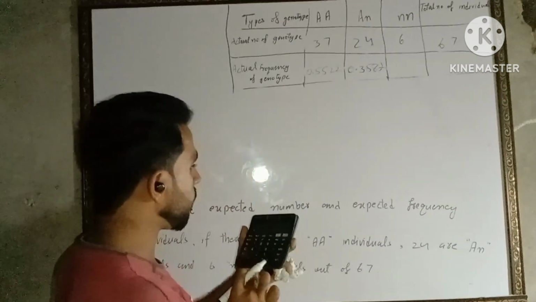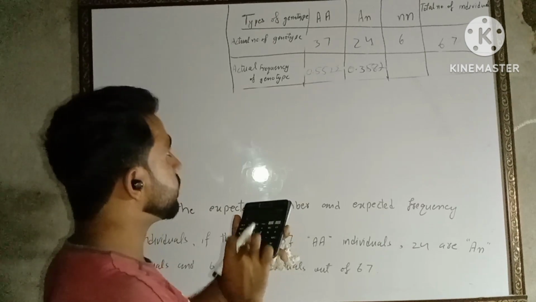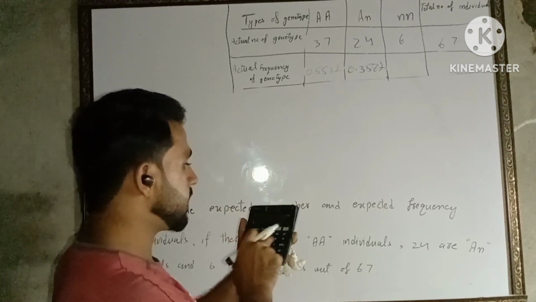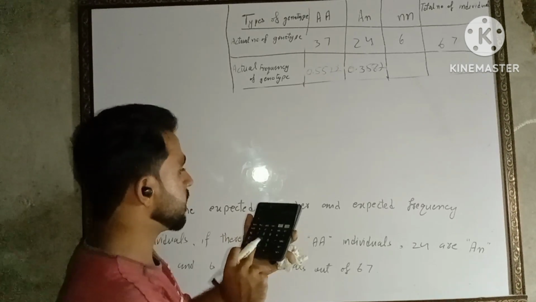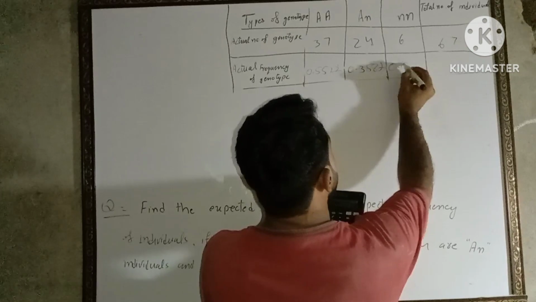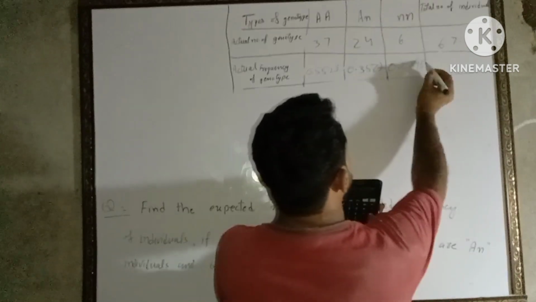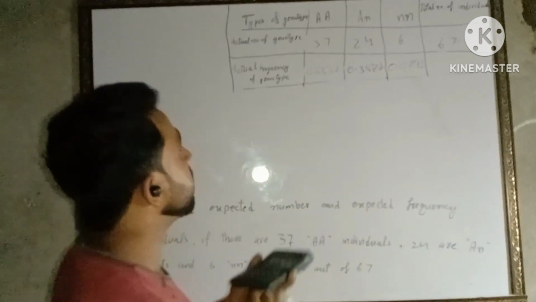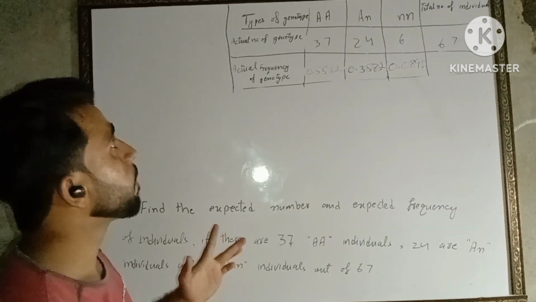Okay, the actual frequency of the third genotype is 6 divided by 67, that is 0.0895.